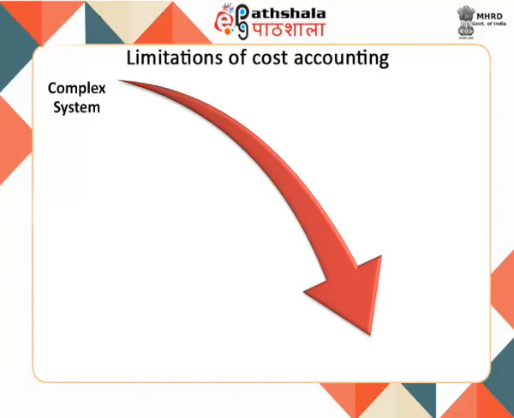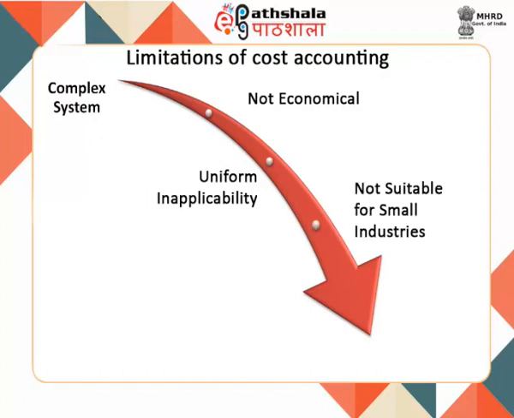Number 2, many companies do not adopt cost accounting owing to the fact that it is more expensive and not economical. Number 3, uniform inapplicability of cost accounting methods and techniques is one of the main limitations of cost accounting. Number 4, it is not suitable for small scale units.